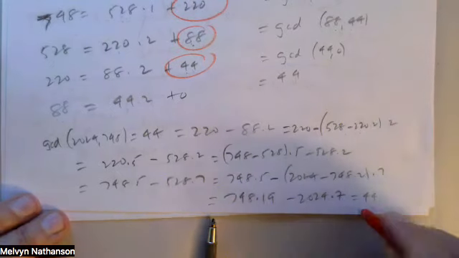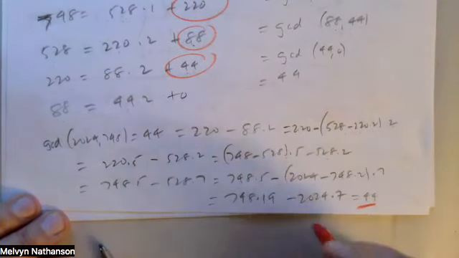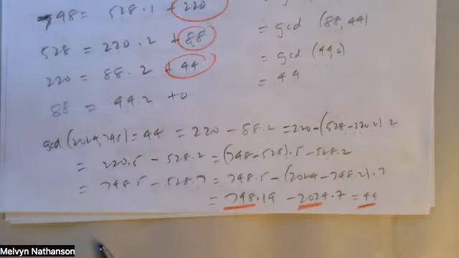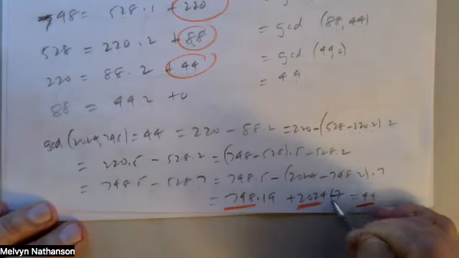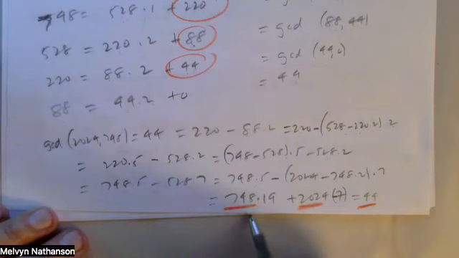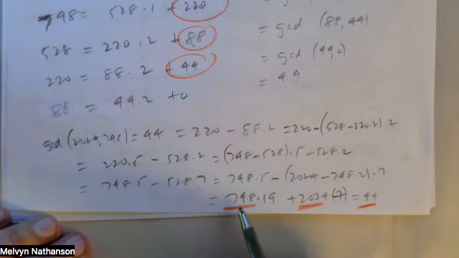So I've written the GCD 44 as a linear combination of 748 and 2024. If you like, I would write this as plus 2024 times minus 7. So this is an integral linear combination of the two numbers whose GCD I was trying to find.